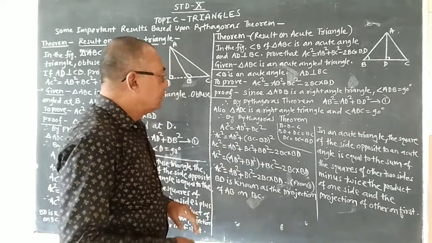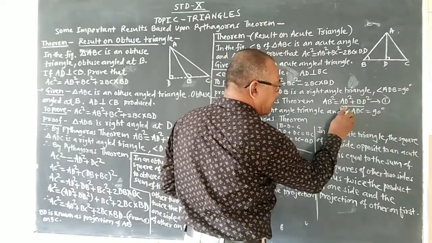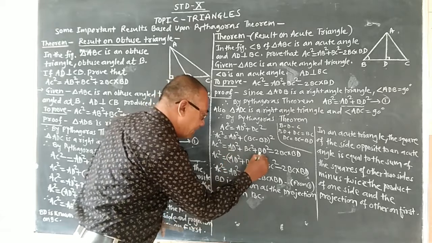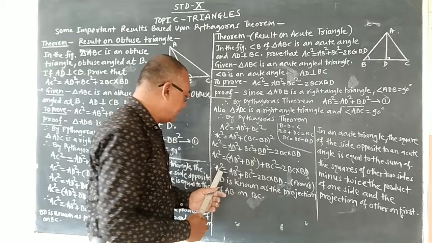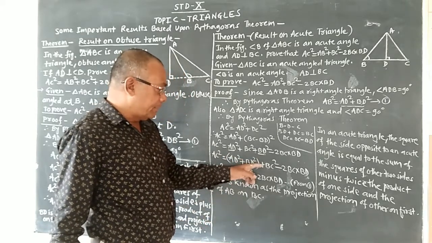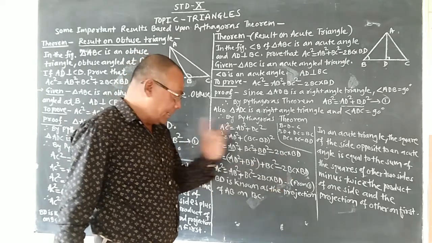Again here we have to combine the terms AD square plus BD square into a bracket: AD square plus BD square bracket complete, plus BC square minus 2BC into BD.